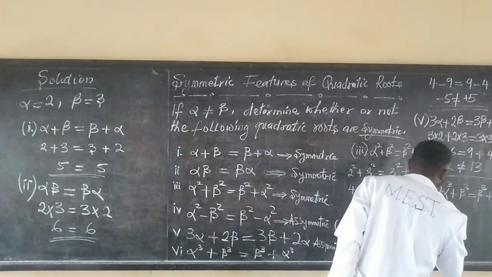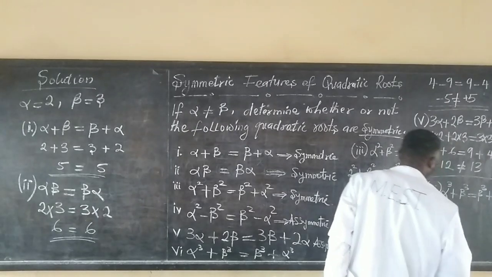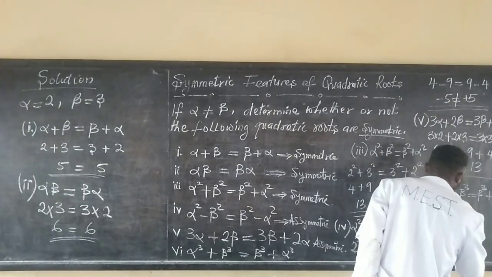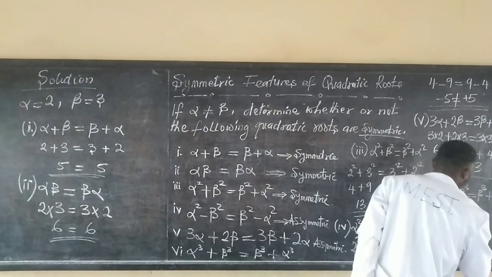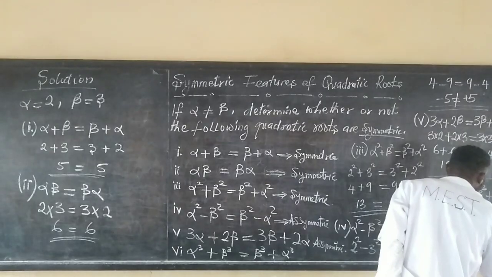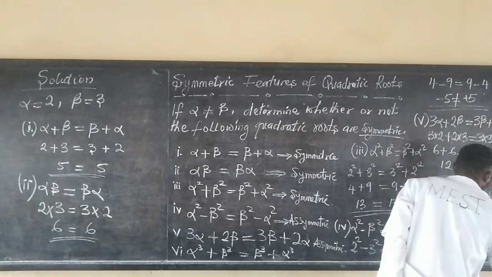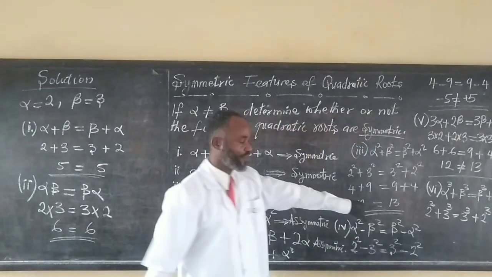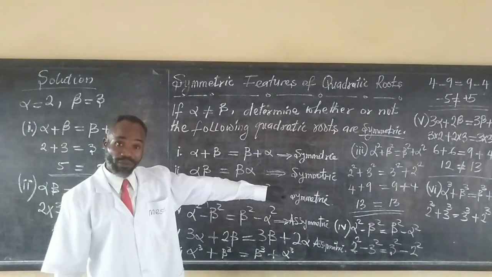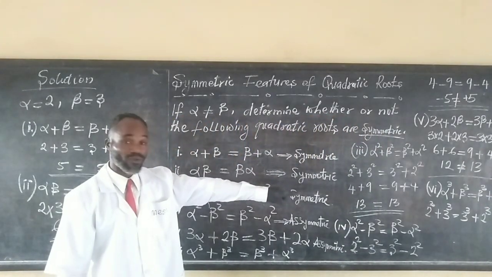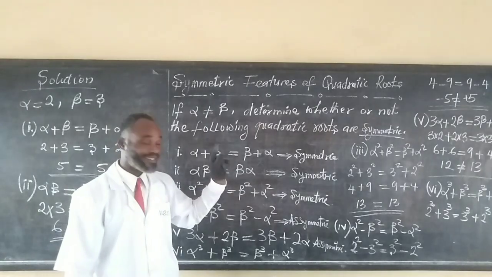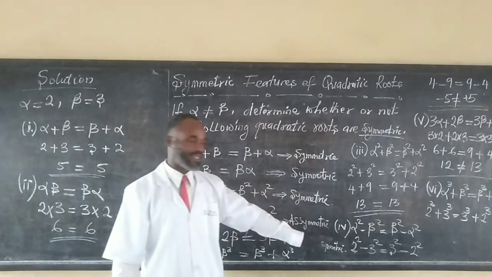Alpha cube is 2 raised to power 3. Beta cube is 3 raised to power 3. Is equal to beta cube again, 3 raised to power 3, and then alpha is 2 raised to power 3. We're making progress. Very soon we're going to confirm whether it is symmetric or asymmetric.